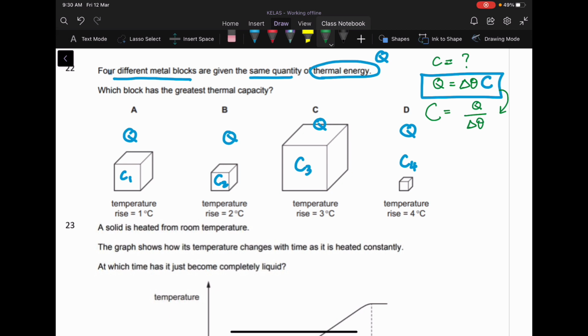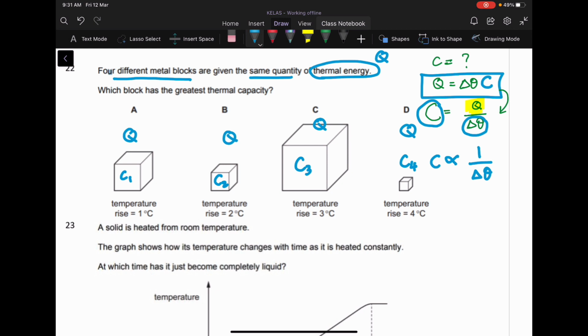Now, what's the relationship between C and the temperature change? Heat energy is constant. So the relationship we want to look at is between C and the other variable, change of theta. From this equation we see that change of theta is at the bottom, so you write 1 over it, because this is the relationship. Therefore, the relationship is inversely proportional.